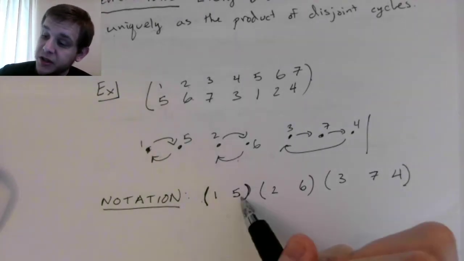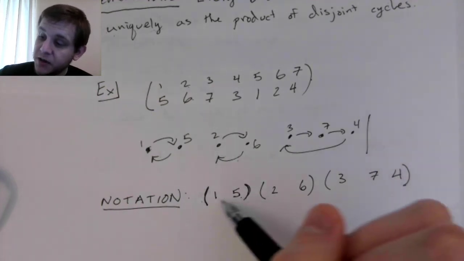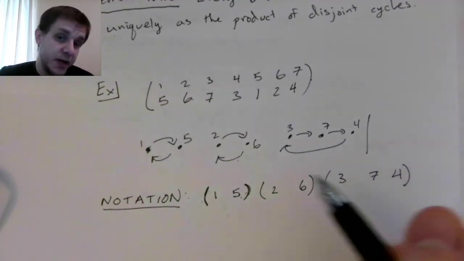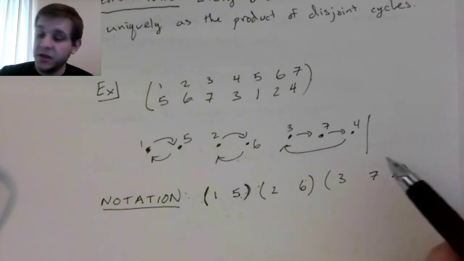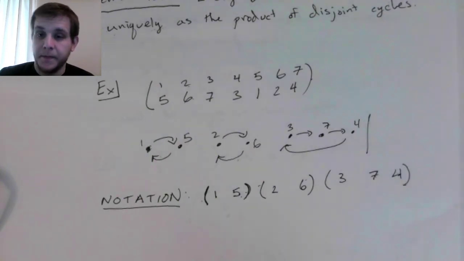The order in which these things are listed also doesn't matter. Here it matters slightly, but here 1, 5 and 5, 1 doesn't matter. 2, 6 and 6, 2 doesn't matter. Here 3, 7, 4 is the same as 7, 4, 3, which is the same as 4, 3, 7.